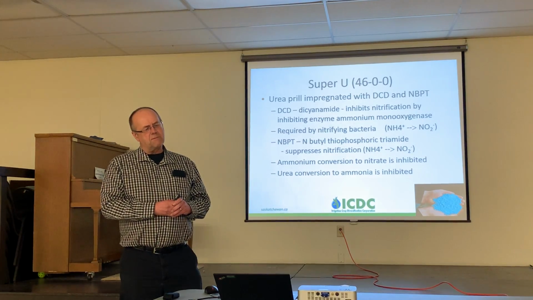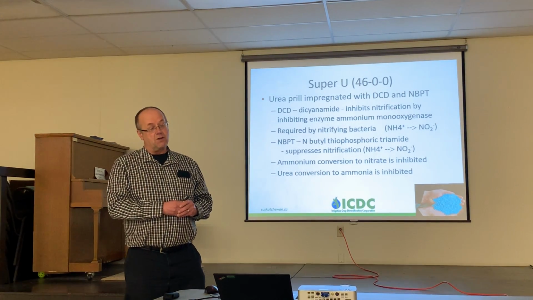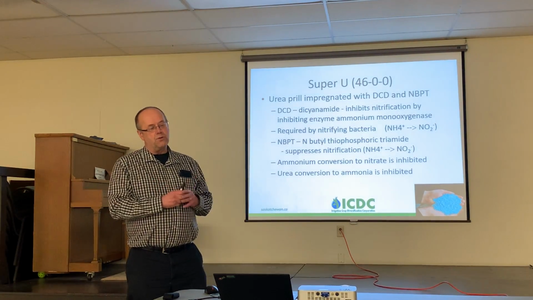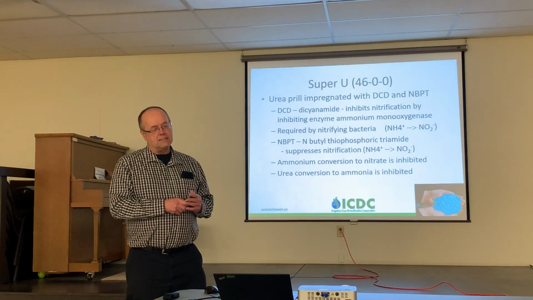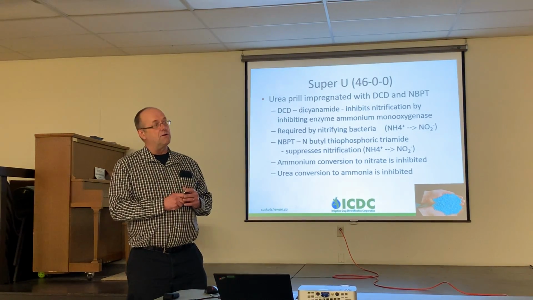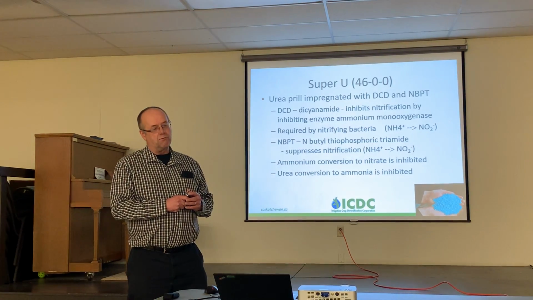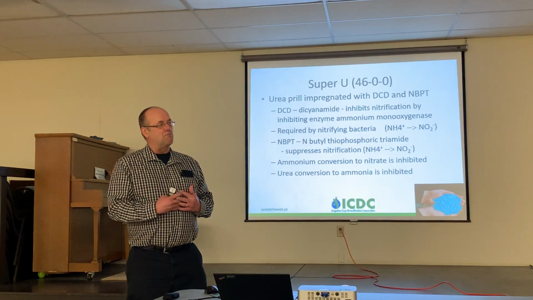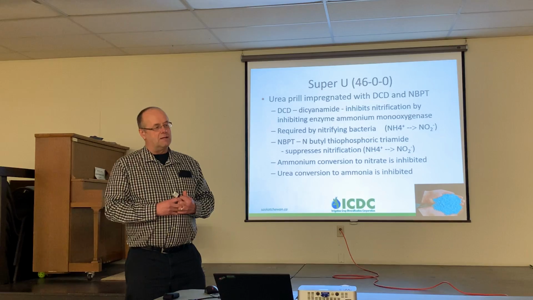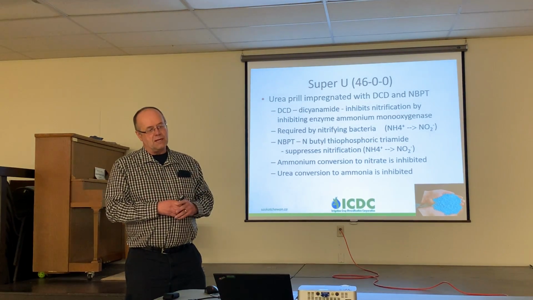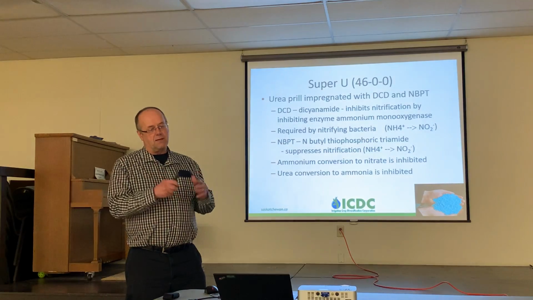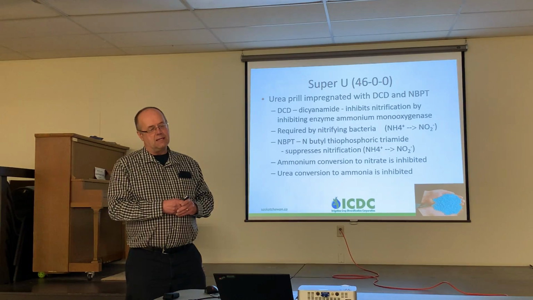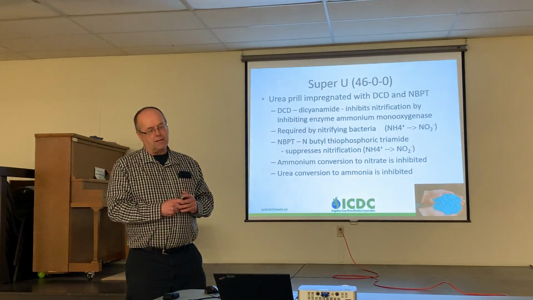Now I want to go over some of the different higher value products of nitrogen that are available to farmers. SuperU has been around for a few years. It's about $150 a ton premium to conventional urea. And when I first heard that, I thought, well, I don't know, I think I'd be willing to take the risk on using just ordinary urea and not paying the extra money for the protection that the nitrification and urease inhibitors add to the product.